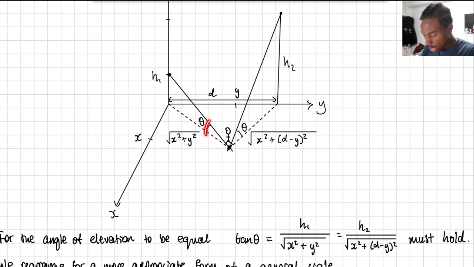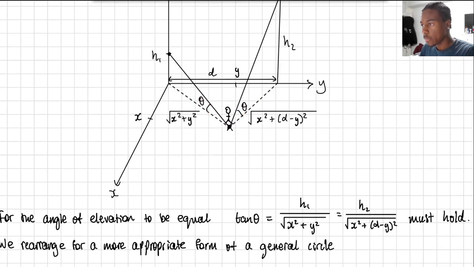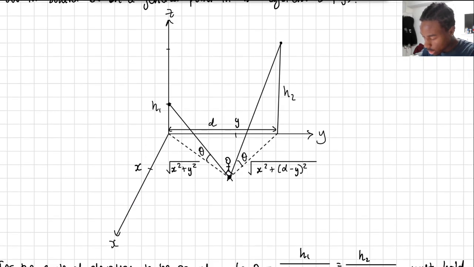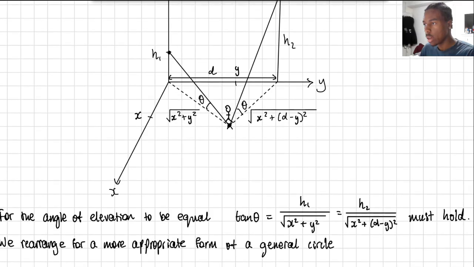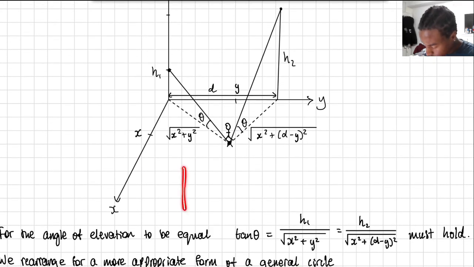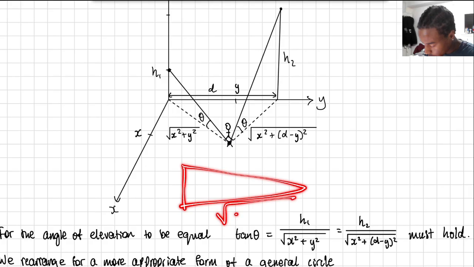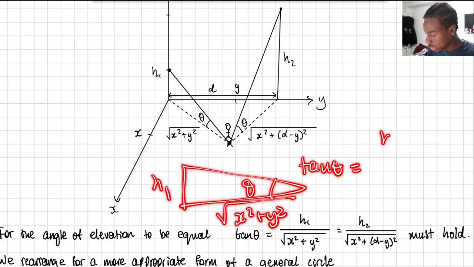For this angle to be the exact same as this angle, that means tan theta of this triangle has to equal tan theta of this triangle. But then if we draw that left triangle, we have square root x squared plus y squared, and h1 and theta. That means tan theta is simply h1 over square root x squared plus y squared.